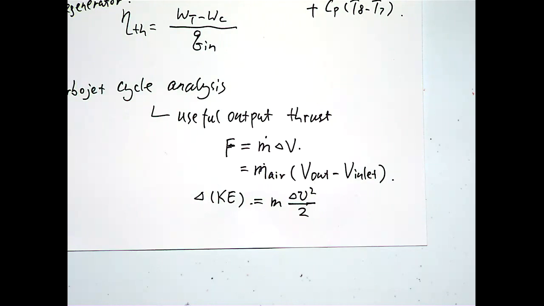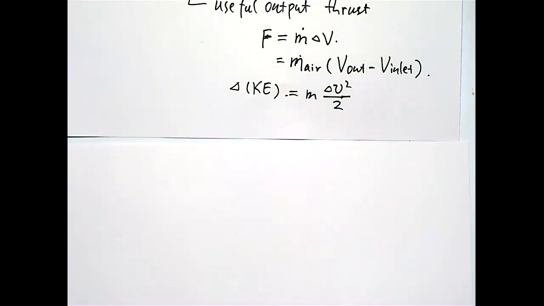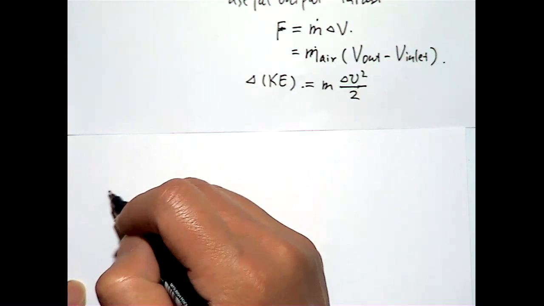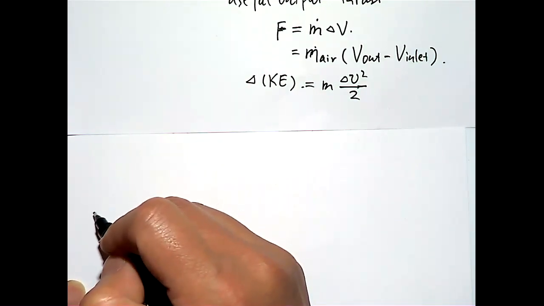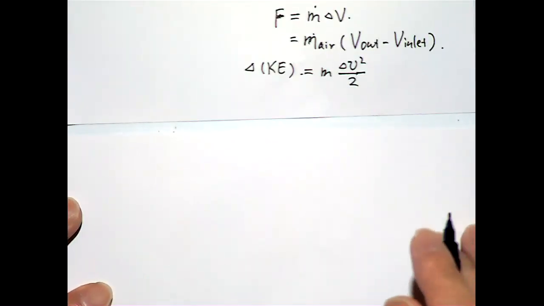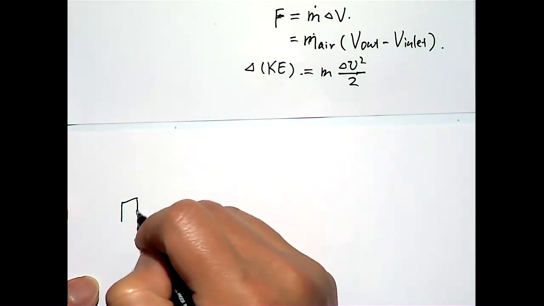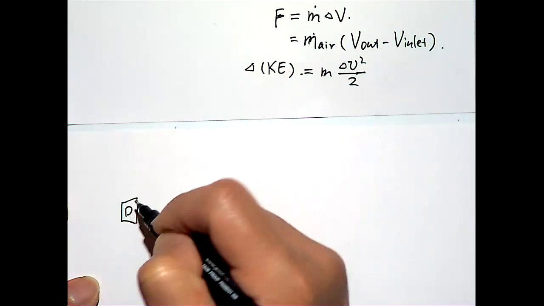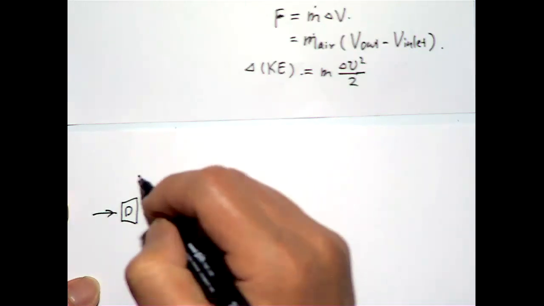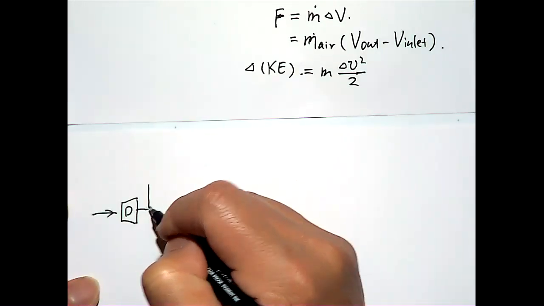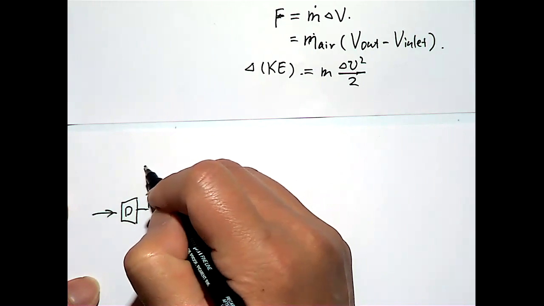So in terms of the cycle schematic, that's pretty similar to the Brayton cycle. If we're looking at a more complete version, we're starting with something called a diffuser. This diffuser is then connected to a compressor.